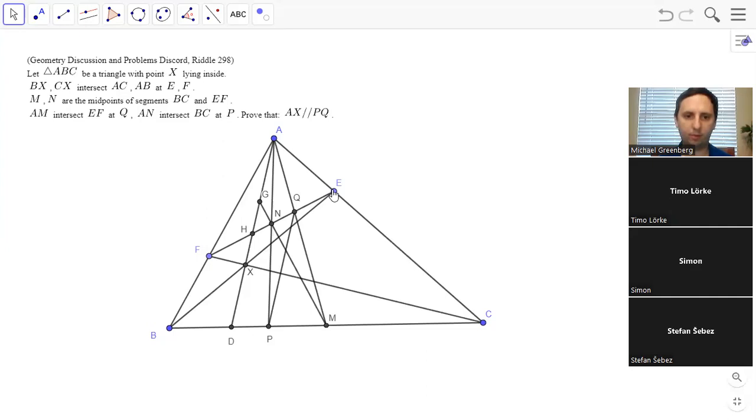Is there some other point? AQM. Oh, we'd want to project it through P onto AB. So A stays at A. Q should go to the point at infinity. M should go to D. Is there one other point we can do?